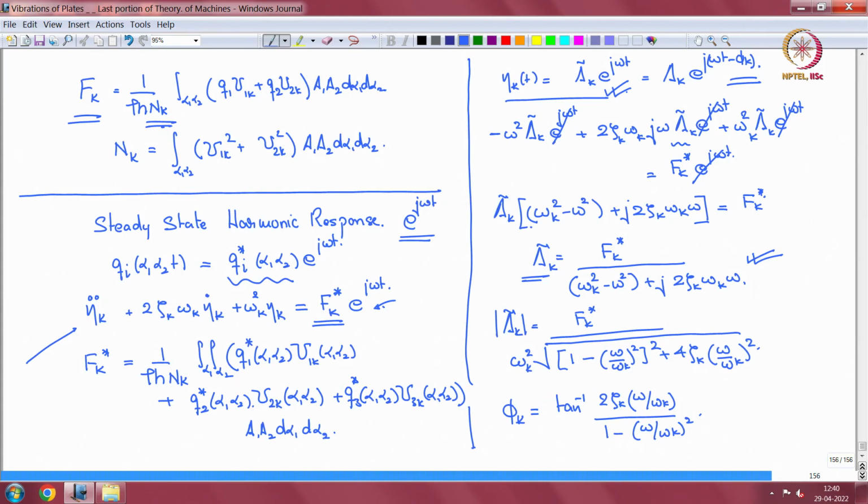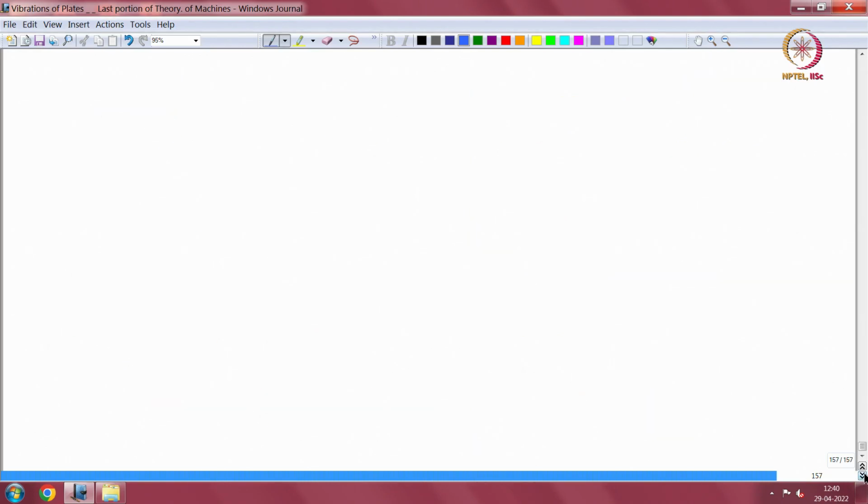Now what we are going to do is take a few examples and use this to find the forced response. The example I will take first is a simply supported plate.